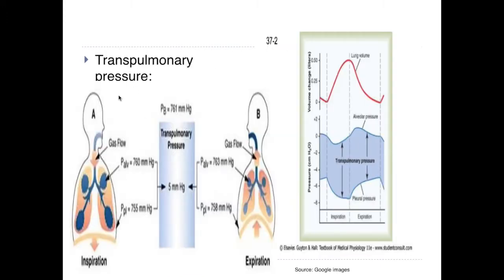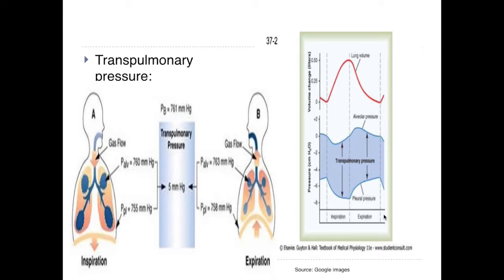Next is transpulmonary pressure. This is the pressure difference between intrapulmonary pressure and intrapleural pressure. What is the significance of transpulmonary pressure? It is the pressure difference between that in the alveoli and that on the outer surface of the lung, inside and outside the lungs.